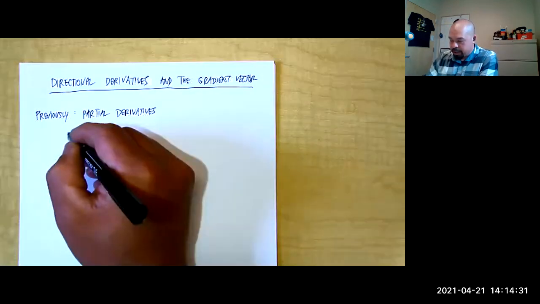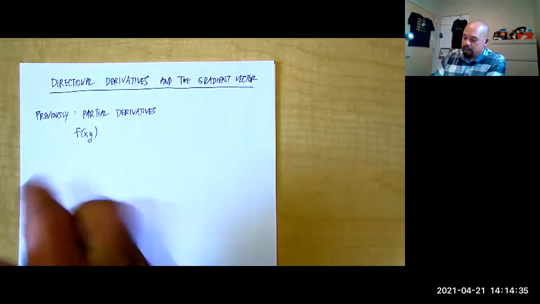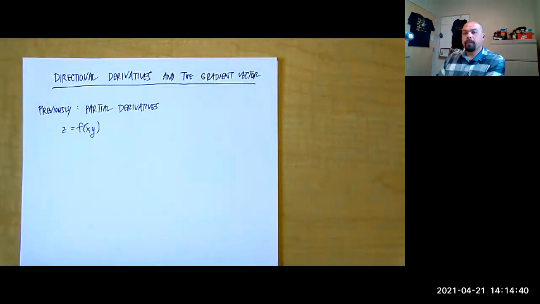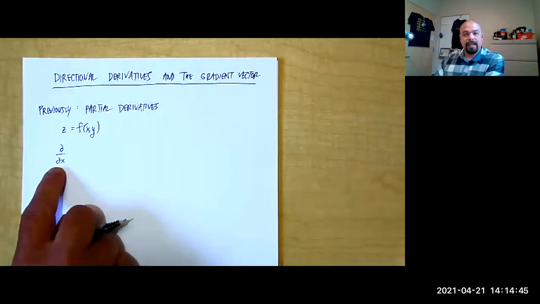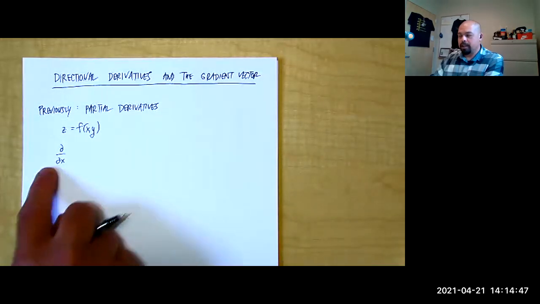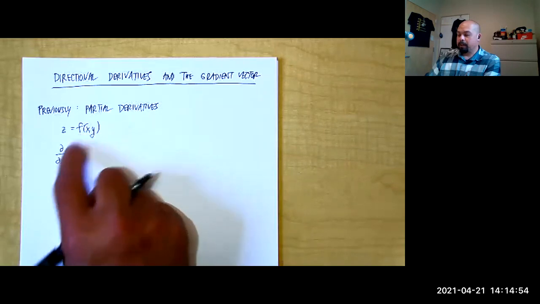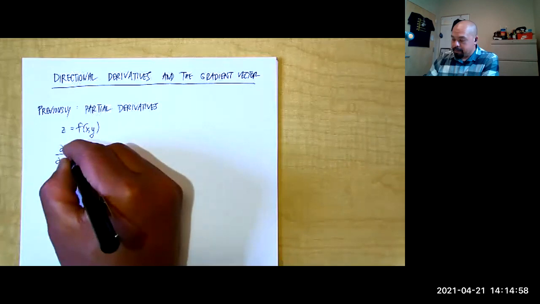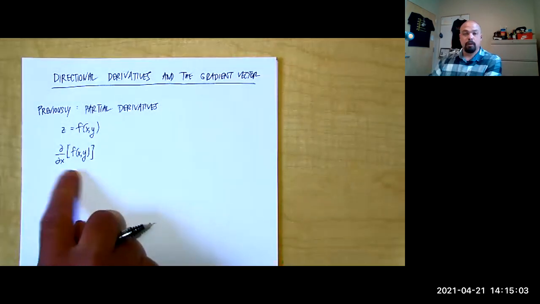If we had our function, we'll just deal with a function of two variables for now, that z is equal to f of x y, then we could take our partial with respect to x, that curly d notation, since that function has two independent variables. We want to identify the variable that we're taking the derivative with respect to.